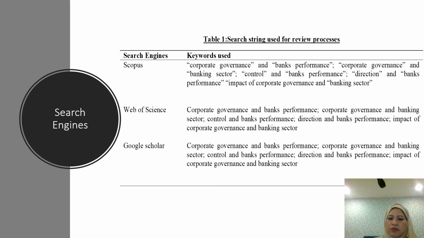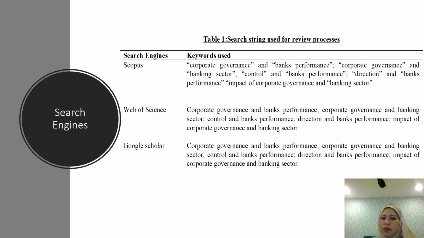Okay, now before we start with the ROSES, we start with some search engines for the identification process. So we are using keywords. This is our search engine. We have Scopus, Web of Science, Google Scholar.